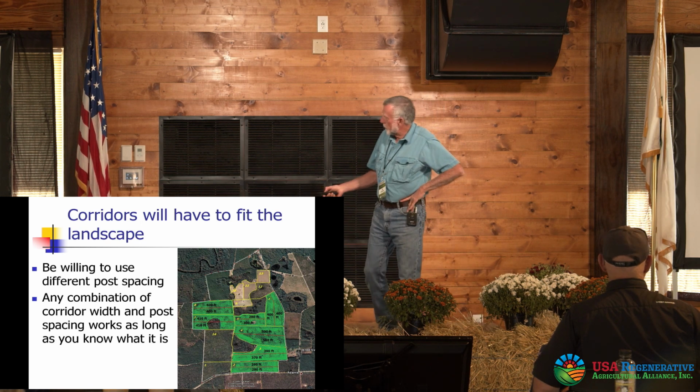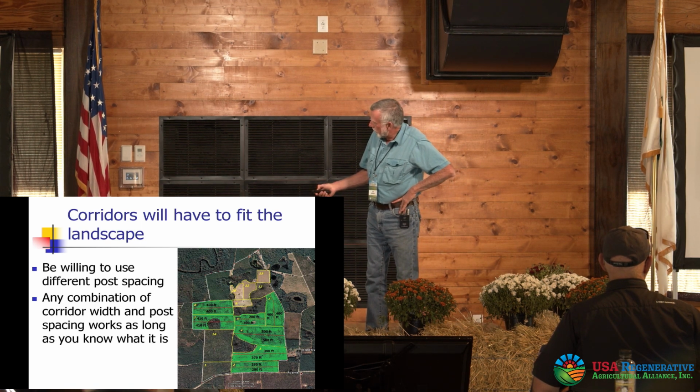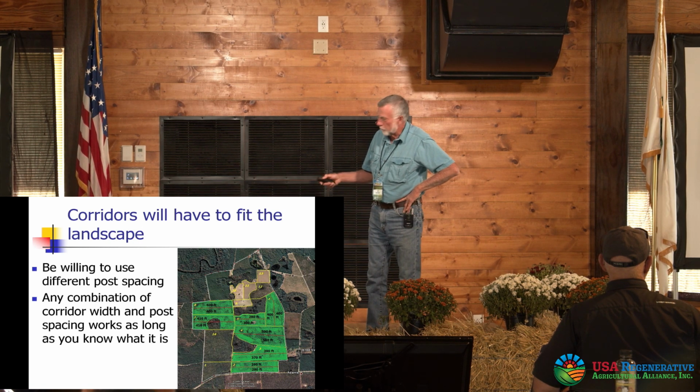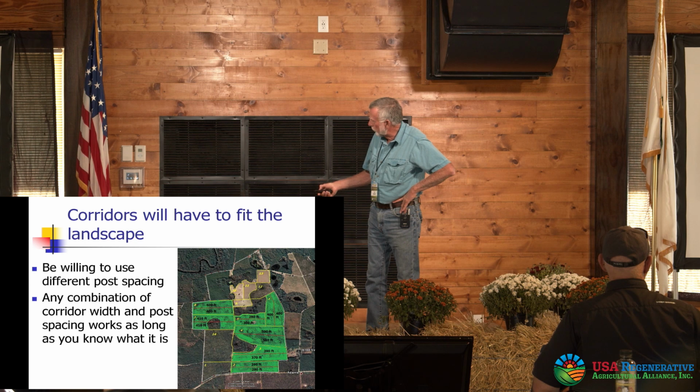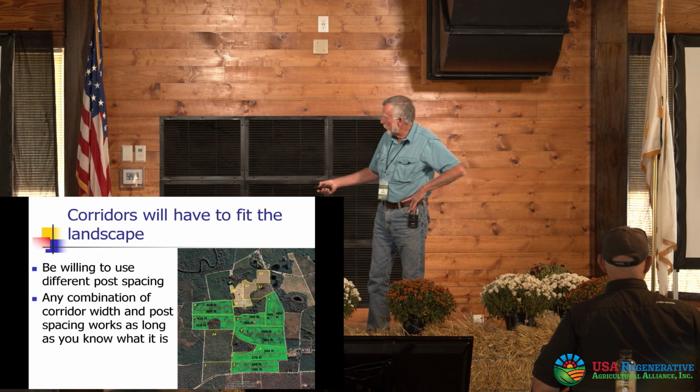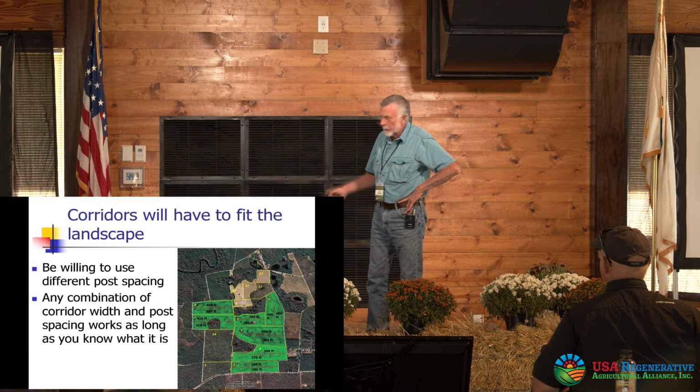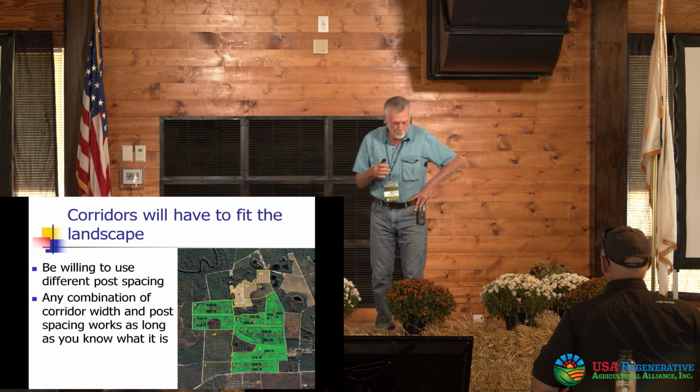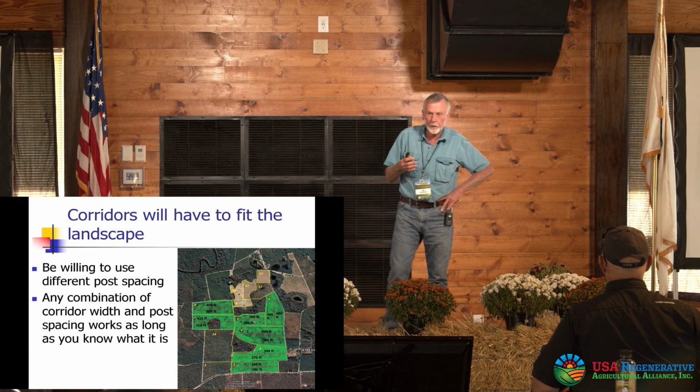This is just another example of setting up a flexible cell. This guy had a rotational grazing with 1, 2, 3, 4, 5, 6, 7 pastures. These were hay fields up here. But he had 7 pastures he was rotating through. He wanted to be able to go to daily moves.